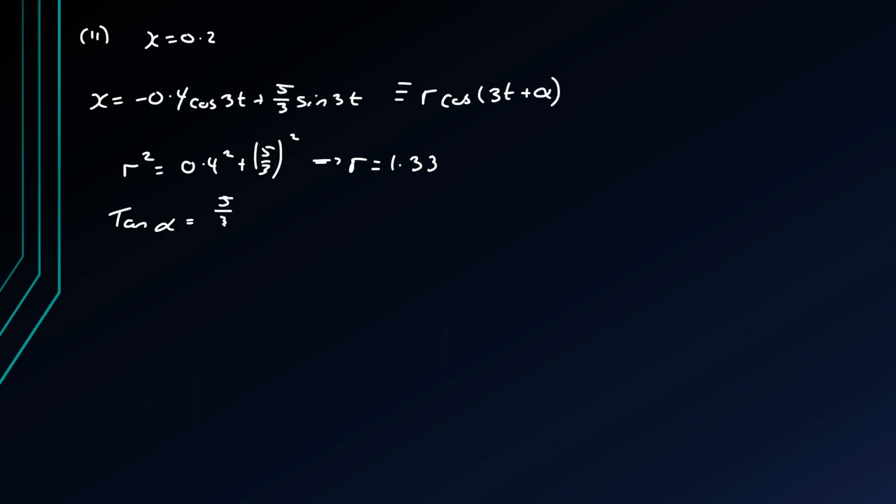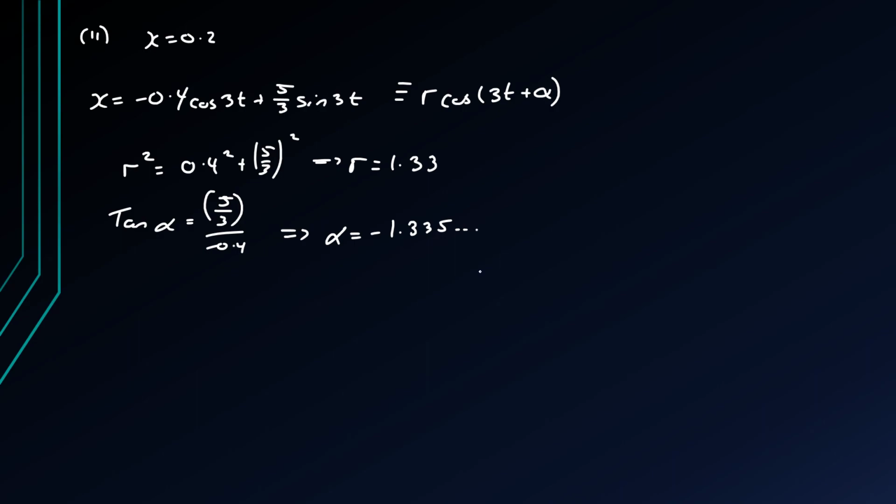So that's going to be 5/3 divided by minus 0.4. So 5/3 divided by minus 0.4 is that, and we take tan inverse in radians, we get that alpha is minus 1.335 dot dot dot.